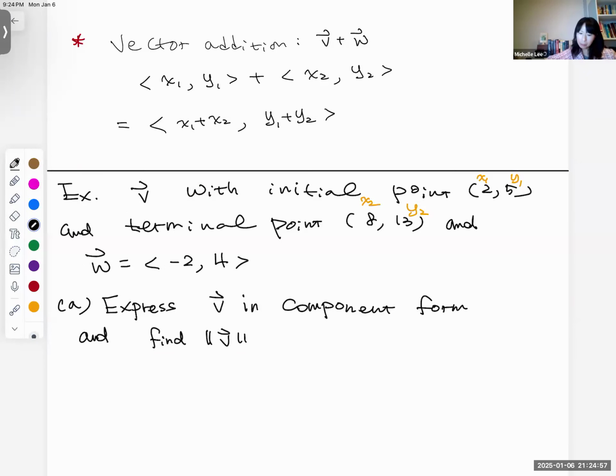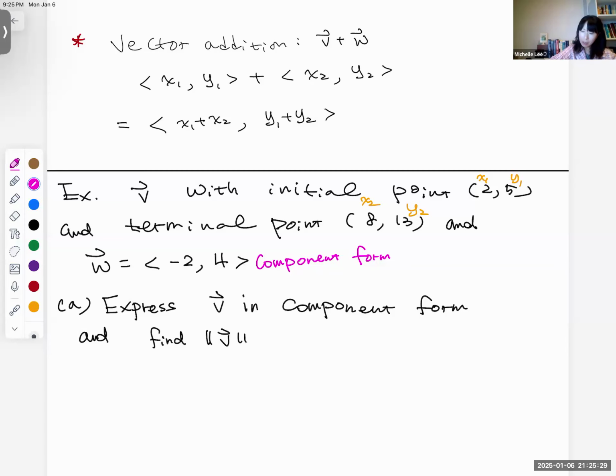So let's do an example. Here is vector v with initial point (2, 5) and terminal point (8, 13), and vector w is already in component form, right? We want to find vector v in component form and find the magnitude of vector v.